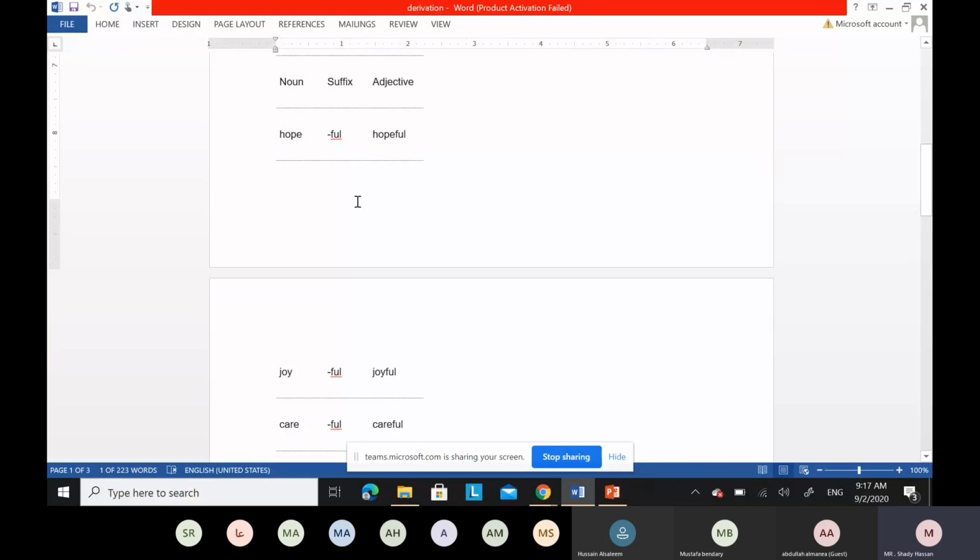And here, I'm gonna use some nouns. I'm gonna change them into adjectives when I'm just adding the suffix ful. For example, the noun hope. When I'm adding ful by the end of this word, it's hopeful. And hopeful is an adjective.